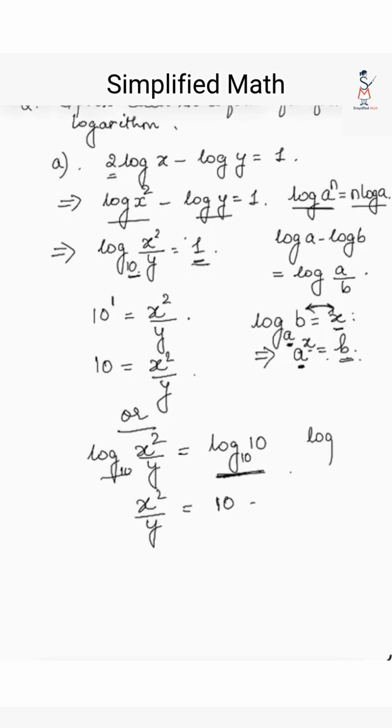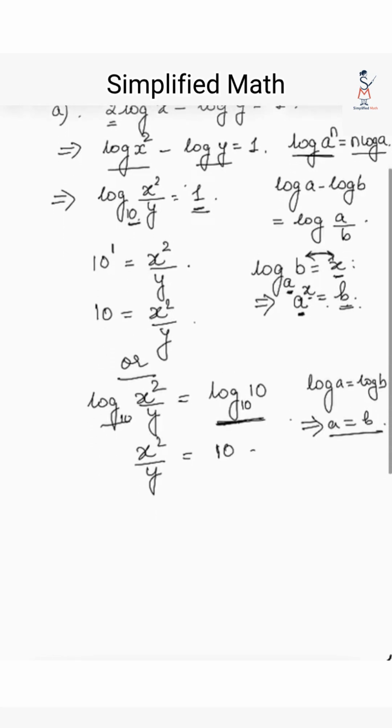That means if log a is equal to log b, then a is equal to b, that is x square by y is equal to 10. So either way you can do it, or you can put it in exponential form. Both ways are right.